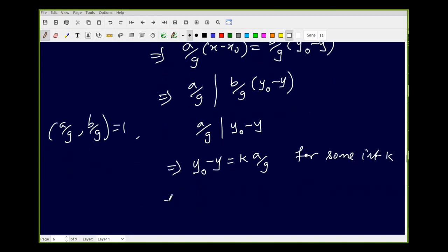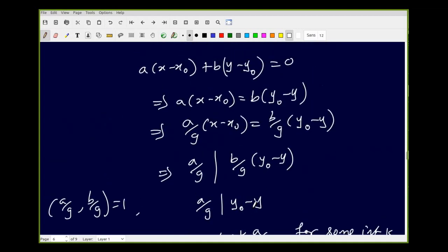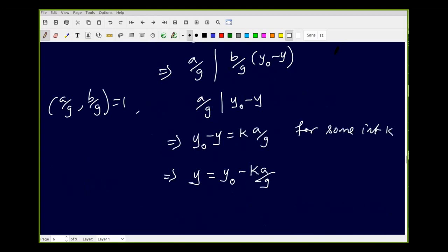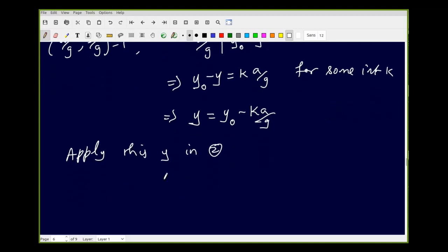So from this we write y = y₀ − k(a/g). Now apply this in the equation.